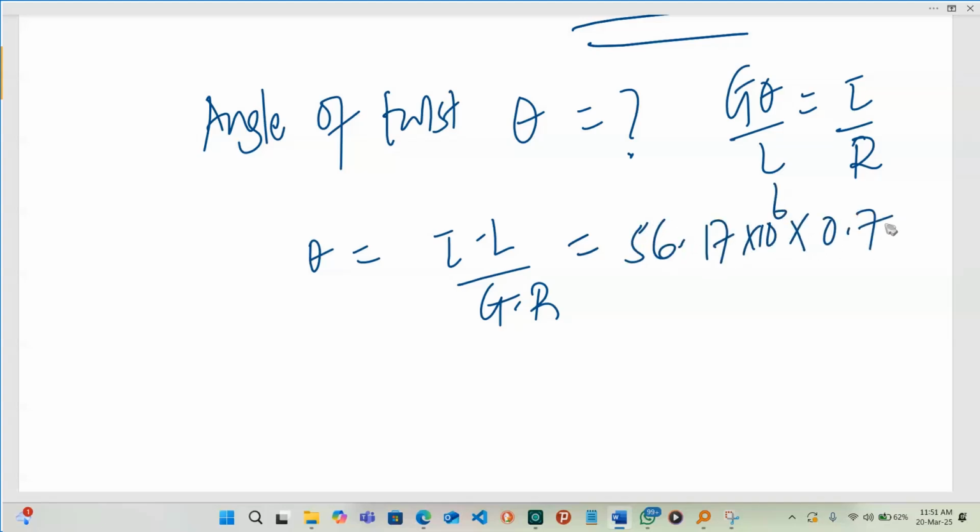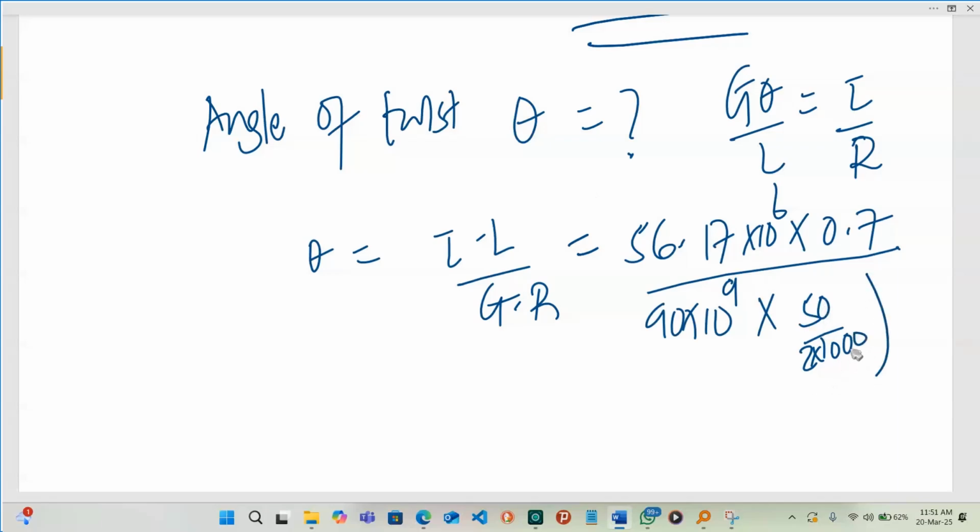L is 0.7. G we have already seen as 90 times 10 to the power 9, gigapascals. Then times R, which is now 50 divided by 2 times 1,000, or you just divide 50 by 2 to get the radius, then divide by 1,000 to convert it to meters.